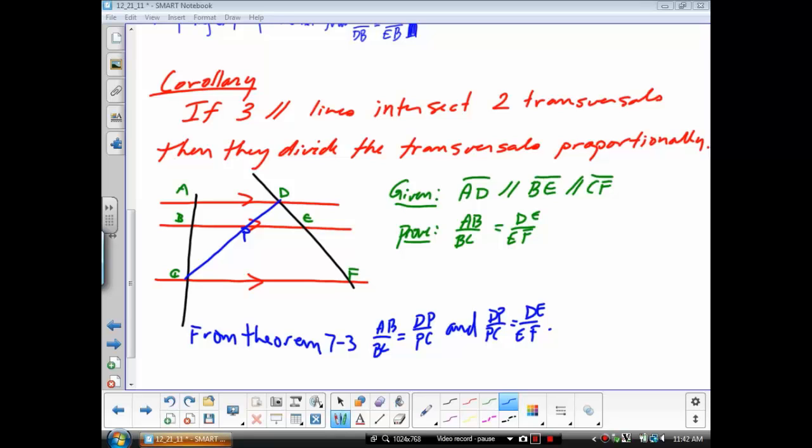Now put these two pieces together with the transitive property or the substitution property. Since both AB to BC and DE to EF are equal to the same ratio, they have to be equal to each other. So AB to BC has to equal DE to EF by the transitive property.